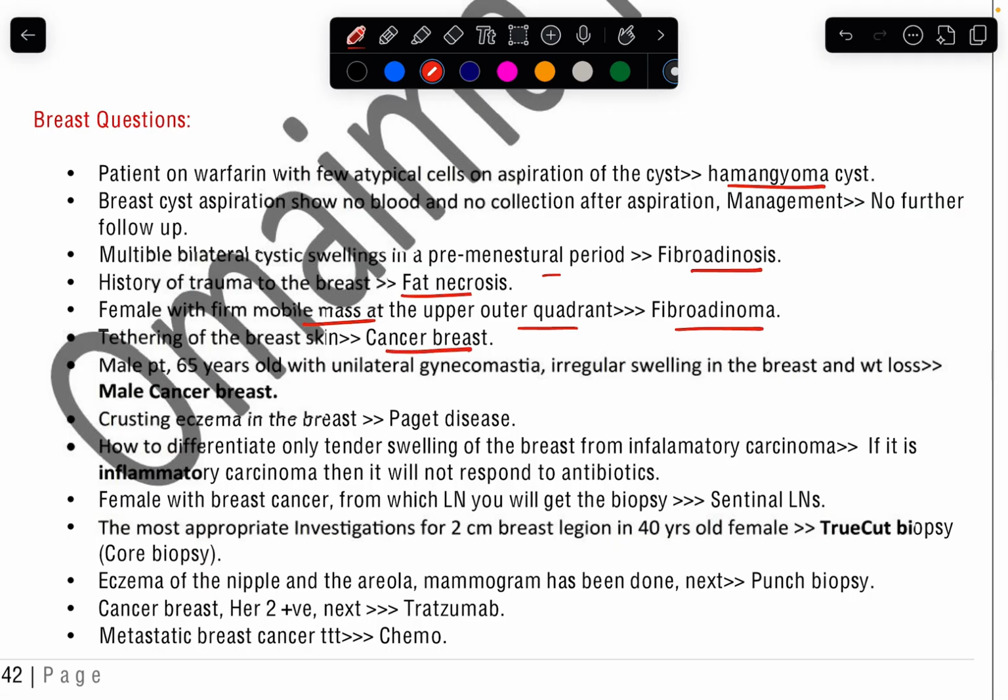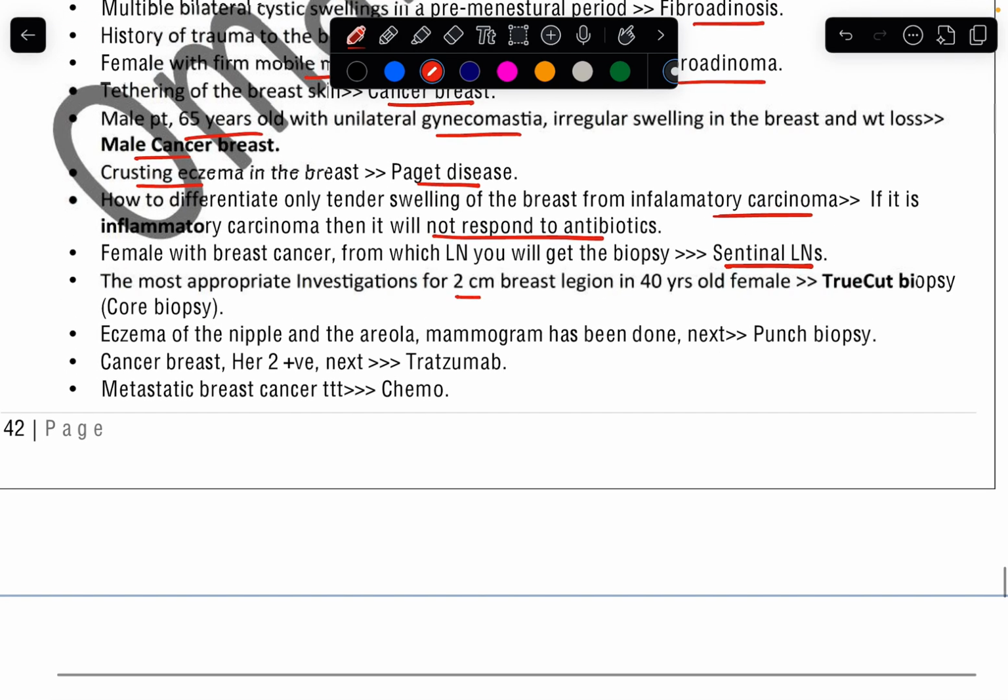Tethering is the cancer. 65-year-old, unilateral, weight loss, cancer male breast. Crusting eczema, Paget's disease. How to differentiate tender swelling of the breast, inflammatory carcinoma, no response to antibiotics, inflammatory. Female patient with breast cancer, lymph node, you will get biopsy, sentinel lymph node most appropriate. 2 centimeter, 40-year-old, is true cut biopsy. Eczema of the nipple and areola.